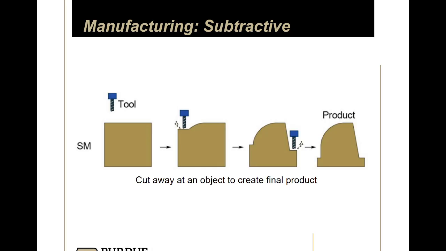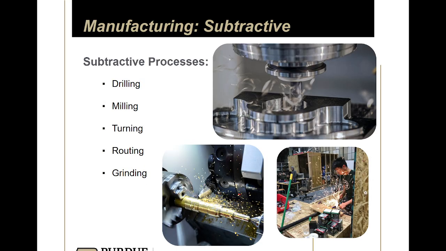So in this case, there's some tool that cuts away at this block looking thing, and now you have that nice curved piece. There are many common manufacturing processes that utilize subtractive manufacturing. You might have seen a lot of it if you've ever been in some kind of shop where people make stuff. A lot of these machines can end up being expensive, especially when you're getting into high precision milling machines and grinders.